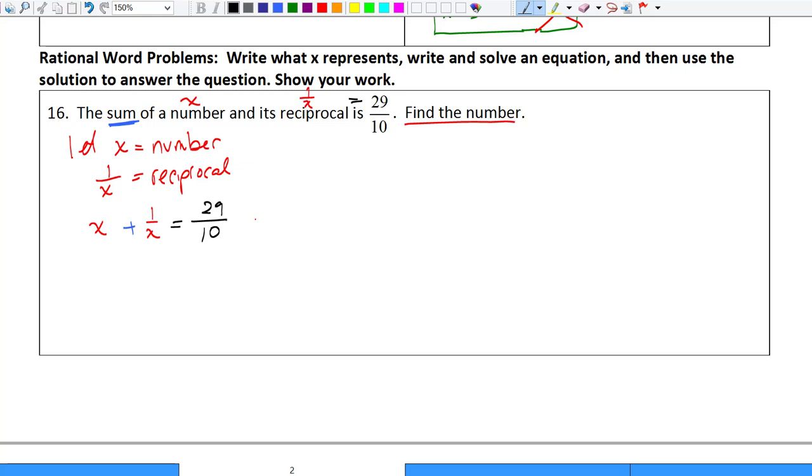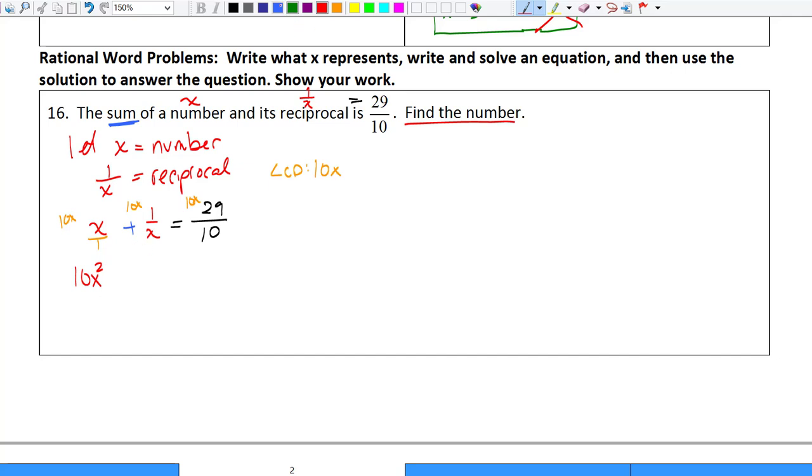Right there is my equation, which is going to be close to half my points, which is pretty awesome. At this point, I need to find the LCD. Just like in the last section, between 1, x, and 10 it is going to be 10x. Fortunately, when you're doing the word problems, the solving comes out a little bit easier than some of the other problems you've been given in the past. So this comes out to be 10x times x, that's 10x squared, because the 1 doesn't have anything to cancel out.